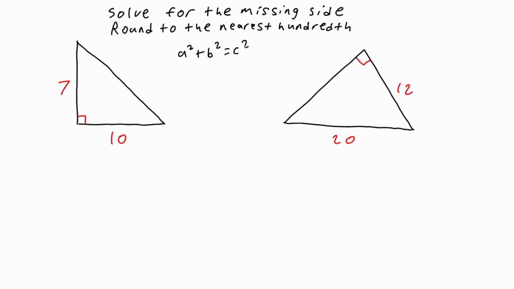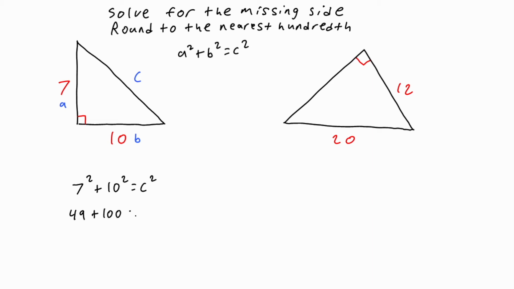So in this left one over here, we've got our A, B, and C. Remember, C being the hypotenuse. So we're going to do 7 squared plus 10 squared equals c squared. 7 squared is 49. 10 squared is 100.